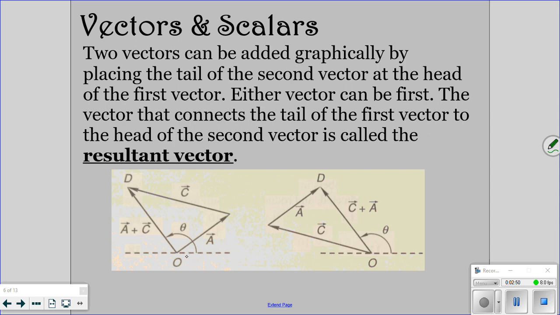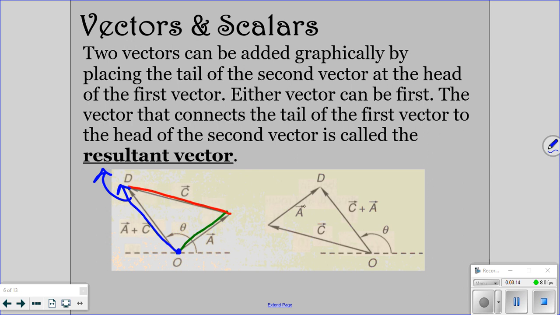So we have vector A as our first vector, and vector C as our second vector. Then you start at the tail of the first one, and you go to the head of the second one, and that is your resultant vector.